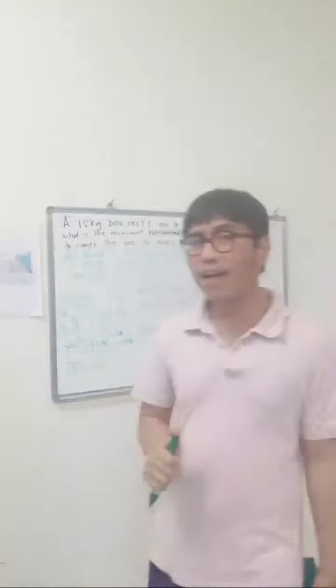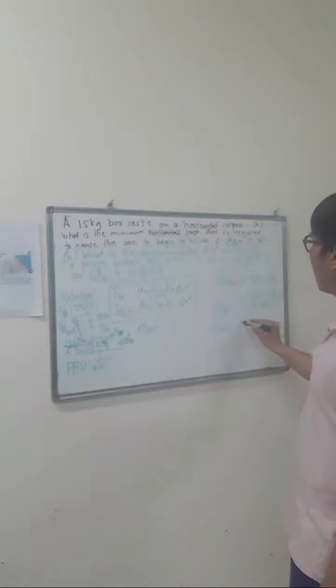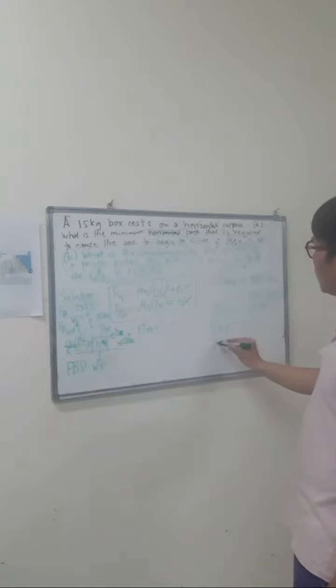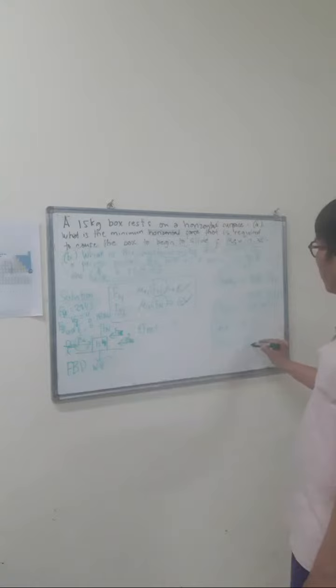Now take note, acceleration is being asked, and this is not yet an acceleration. This is still a force. So apply the second law of Isaac Newton: F net x is equal to the mass times the acceleration. F net is 69.57, the mass of the block is 15 kilogram, and the acceleration is unknown.